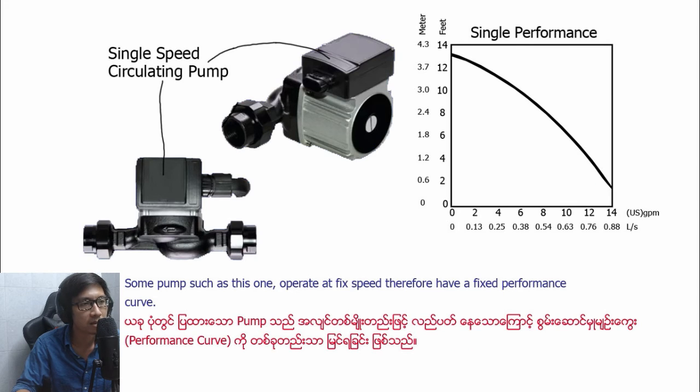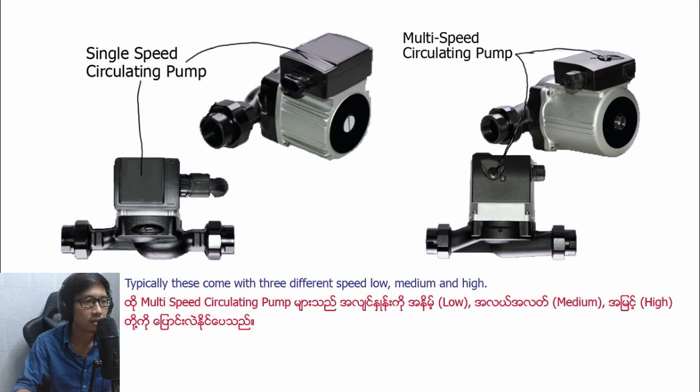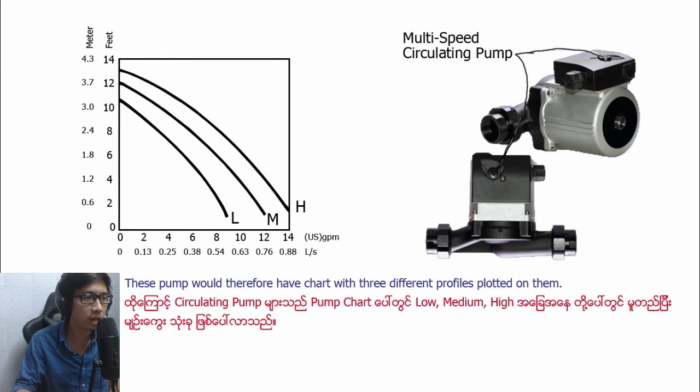Some pumps, such as this one, operate at a fixed speed and therefore have a fixed performance curve. But we can also have multiple speed versions available to switch between speed settings. Typically, these come with 3 different speeds: low, medium, high. These pumps would therefore have a chart with 3 different profiles plotted on them.